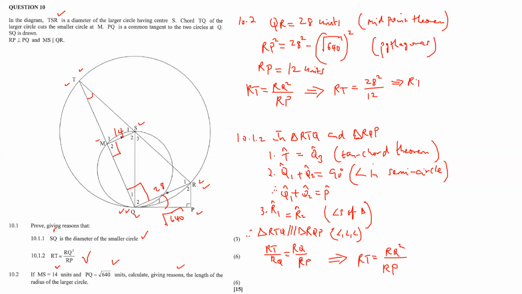If you simplify this, RT is 196 divided by 3. And therefore the radius that is wanted is equal to 98 divided by 3 units. And that is the answer.